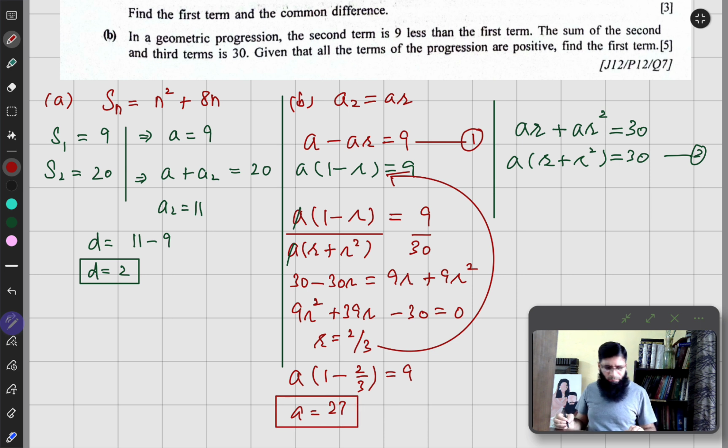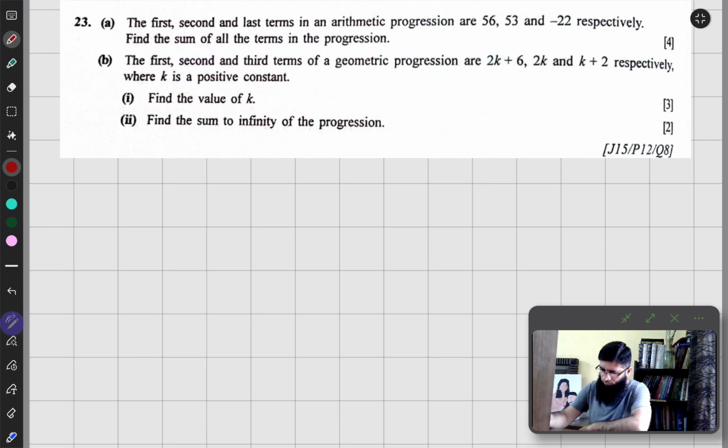All right, now next question. The first, second, and last term of an arithmetic progression are 56, 53, and negative 22. So in part A, first term is 56. Second term, it means A plus D, that will be 53.